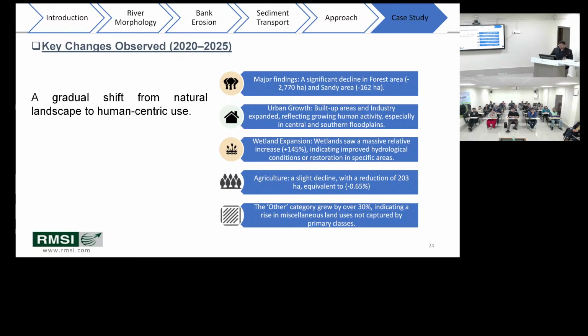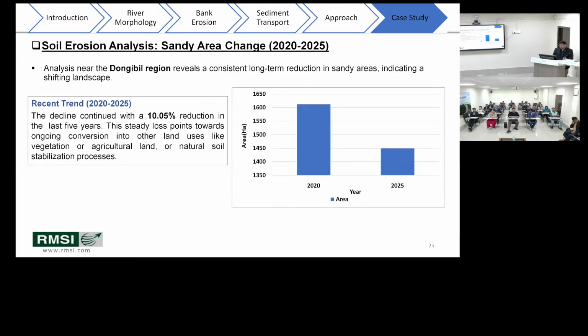Wetland expansion is also taking place, around 145%, indicating improved hydrological condition or restoration in specific areas. Agriculture area is slightly decreasing, with a reduction of 203 hectares. Other categories grew by over 30%, indicating a rise in miscellaneous land use not captured by the primary classes.